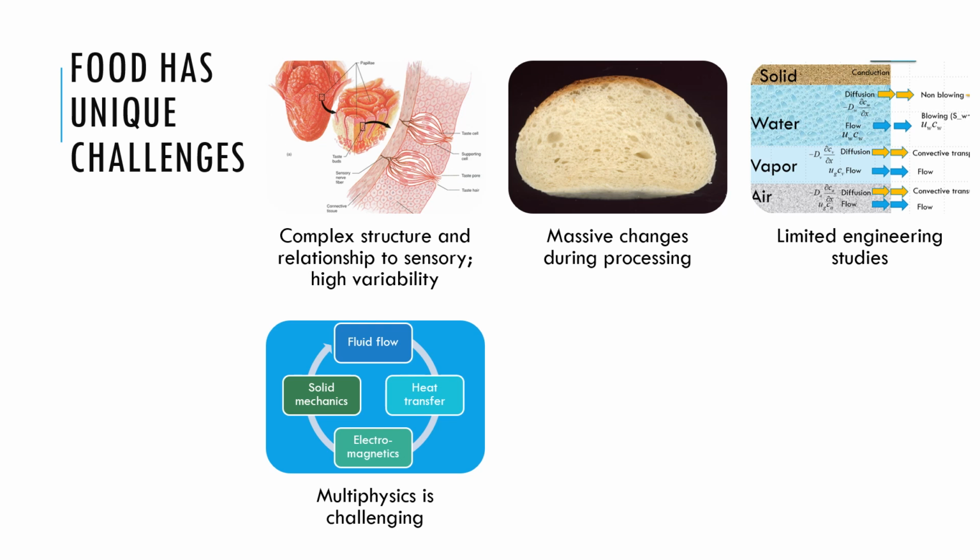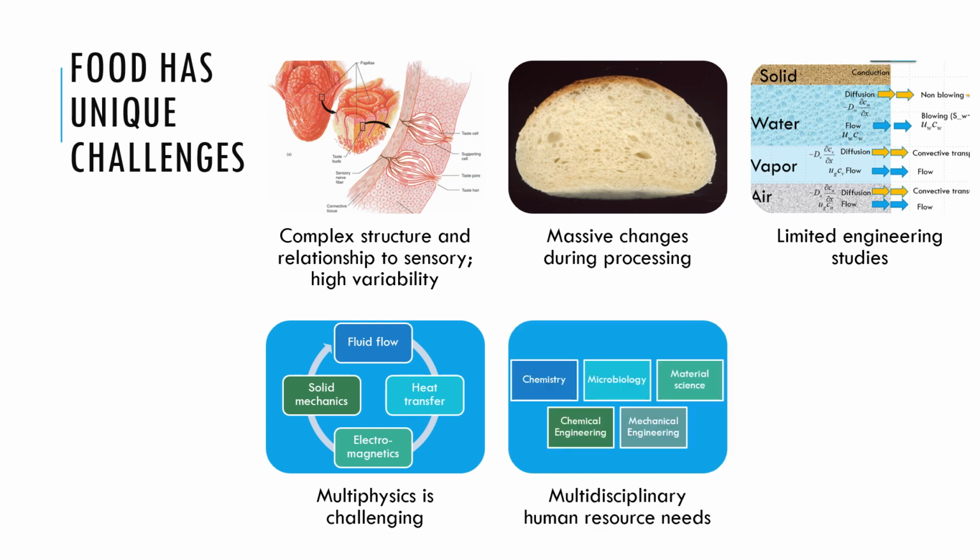And so to do a realistic model, one needs to include many of these physics, and that makes it quite complex. And very related to that, if we have to handle these many different physics, then we need multidisciplinary human resource background in a team or the same person, which is even harder to pick up these different disciplines. So that certainly makes it harder.